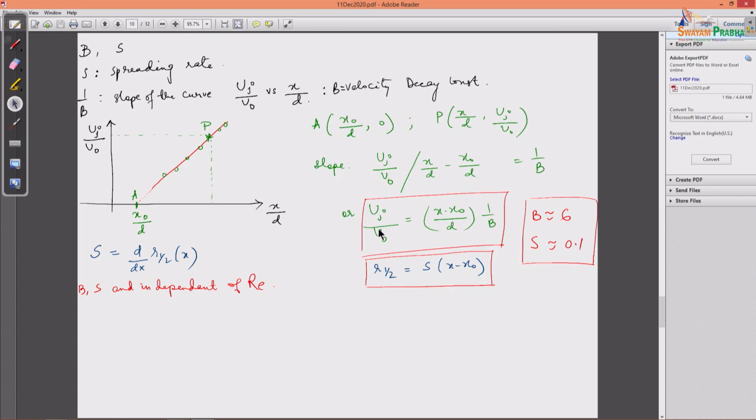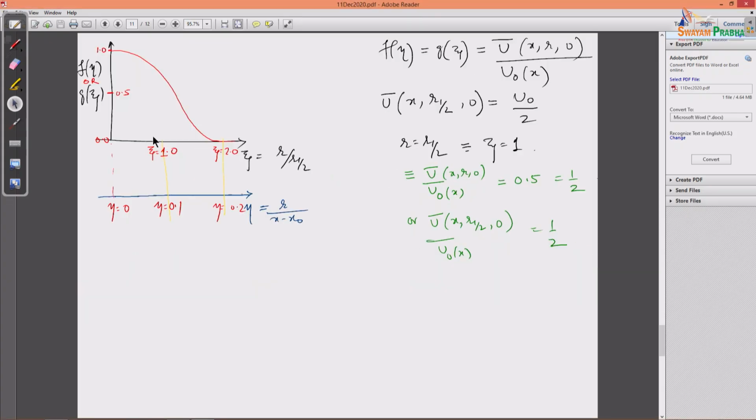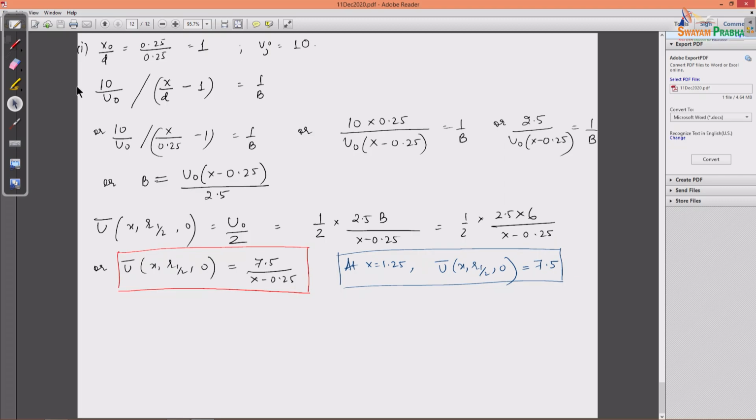If you see this formula here, Uj by U naught is equal to x minus x naught by d into 1 by b. So that's what we get here. Uj, the jet velocity, is 10, so Uj by U naught is x by d minus 1, which is equal to 1 by b.